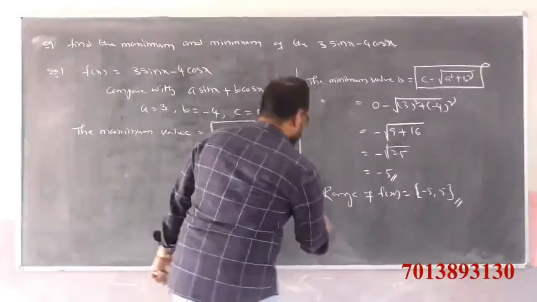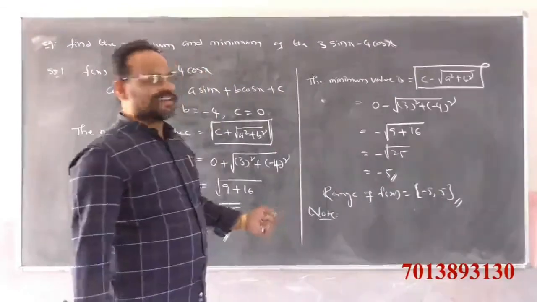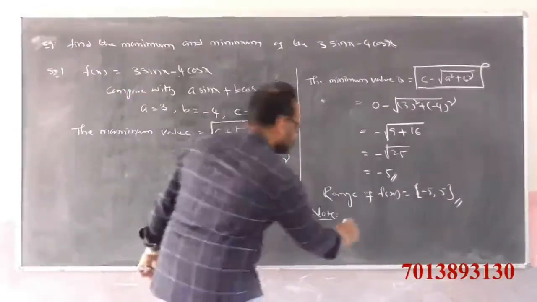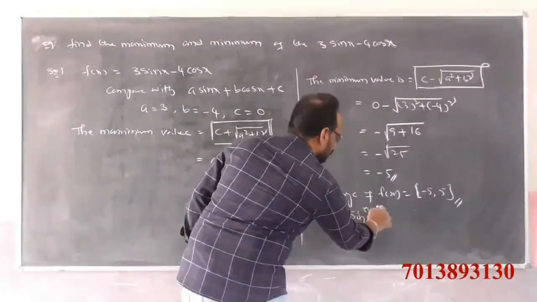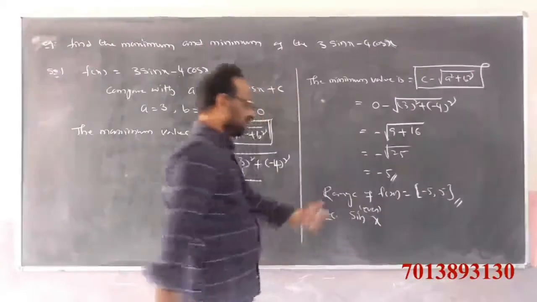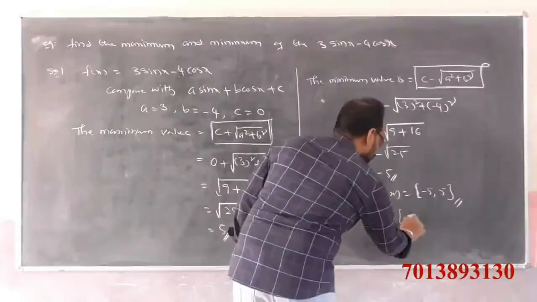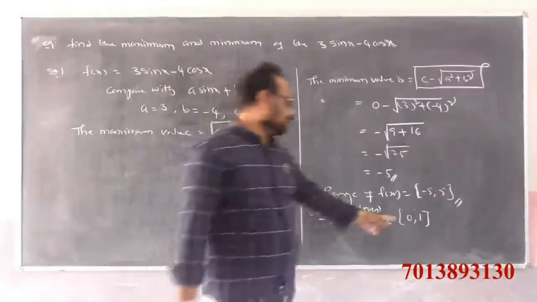Let us discuss. Observe here. Note one thing: what are the minimum and maximum values of sin x? If sin x has an even power, then the minimum and maximum values are 0 comma 1, that is, the range is the closed interval 0 comma 1.